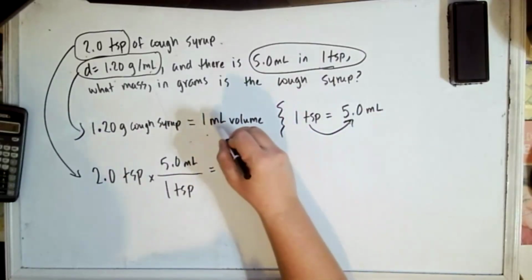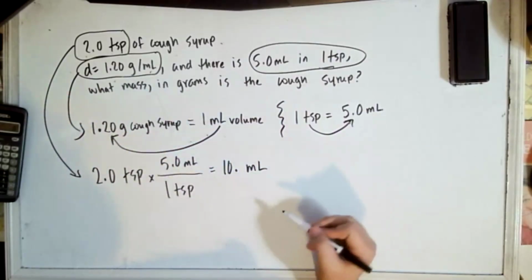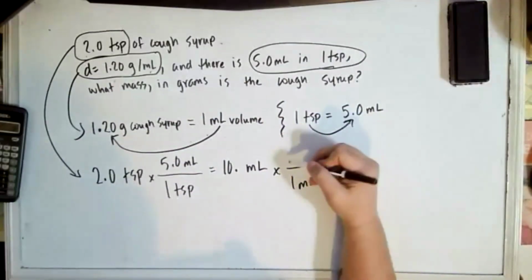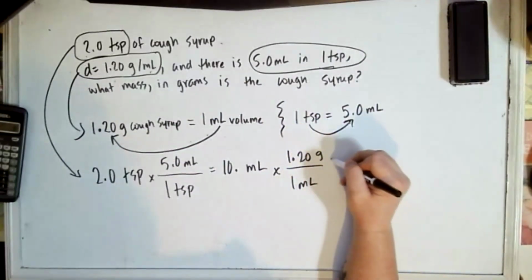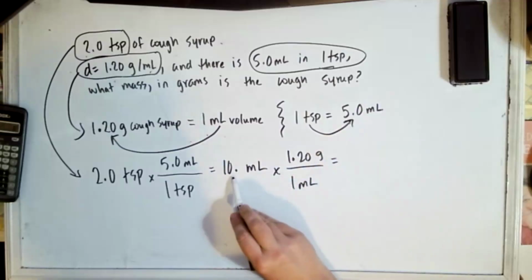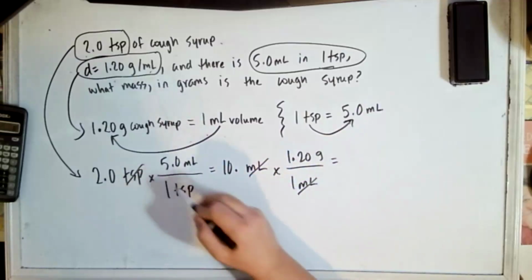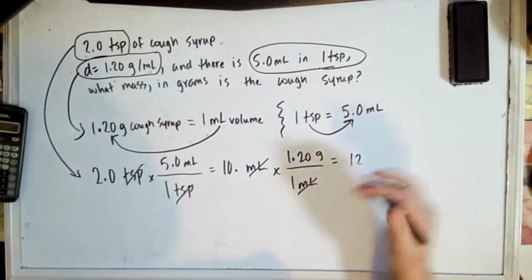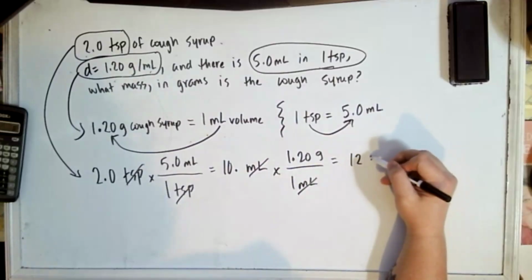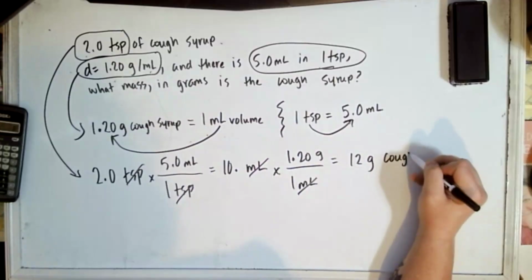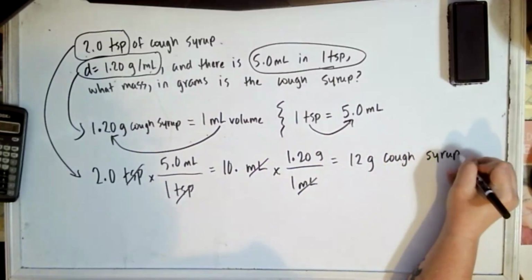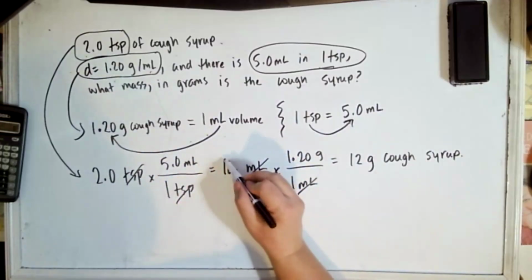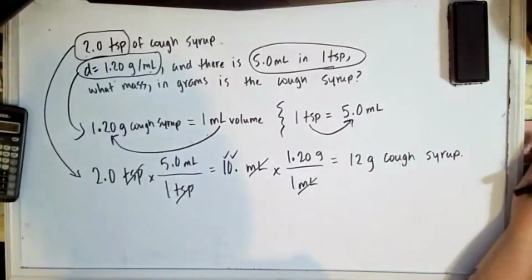And then we also know that every 1 milliliter is going to have a mass of 1.20 grams. So the mass of the cough syrup that he took is going to be 12 grams. And we're going to keep that to two significant figures based on the calculations from over here. We had two sig figs from that number.